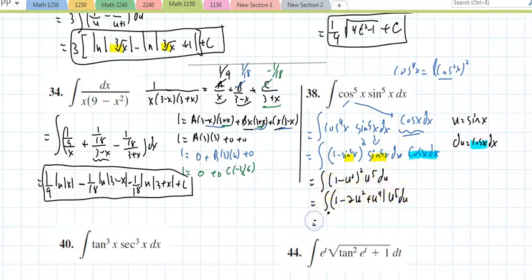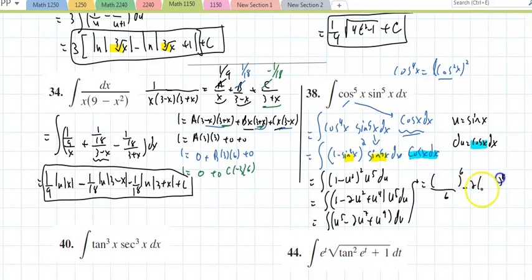And that would be the integral of u to the fifth minus 2u to the seventh plus u to the ninth du. And that's going to give me u to the 6 over 6 minus twice u to the 8 over 8 plus u to the 10th over 10 plus c.